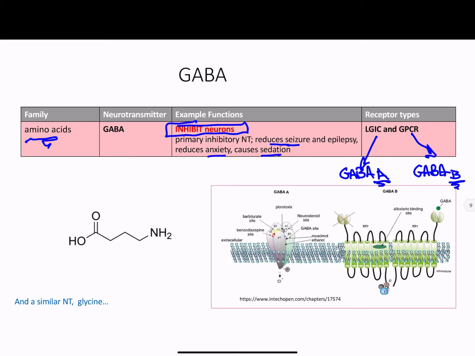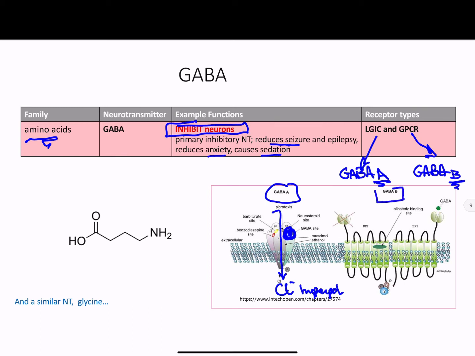So as I talk about this GABA-A receptor, you're going to know that GABA binds, and you're going to want to know that chloride comes in and that becomes hyperpolarizing to a neuron. But you're not having to memorize right now all these other allosteric sites or anything like that.